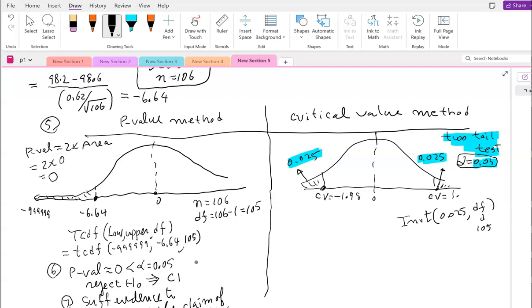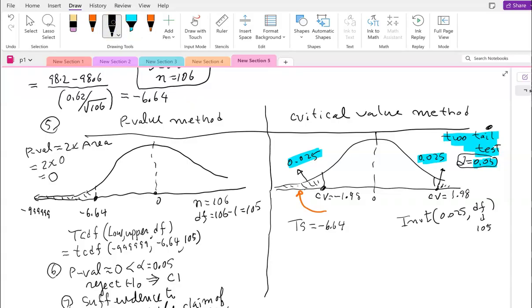The other one is positive. You always have two critical values in a two-tailed test. But what is our test statistic? The test statistic was negative 6.64. So negative 6.64 is in the critical region, remember? We reject the null hypothesis because the test statistic is in the critical region.